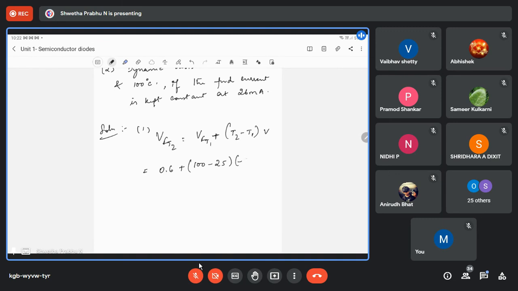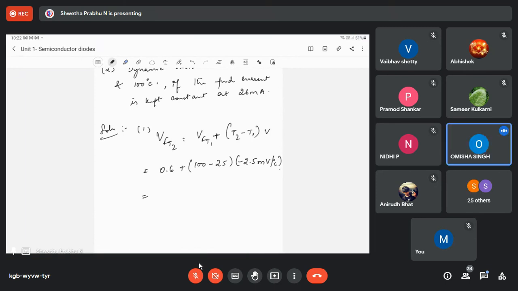Small v value is minus 2.5 millivolt per degree centigrade. They will not give this value in the question. This value somehow you have to remember. That is a constant value, the voltage temperature coefficient.